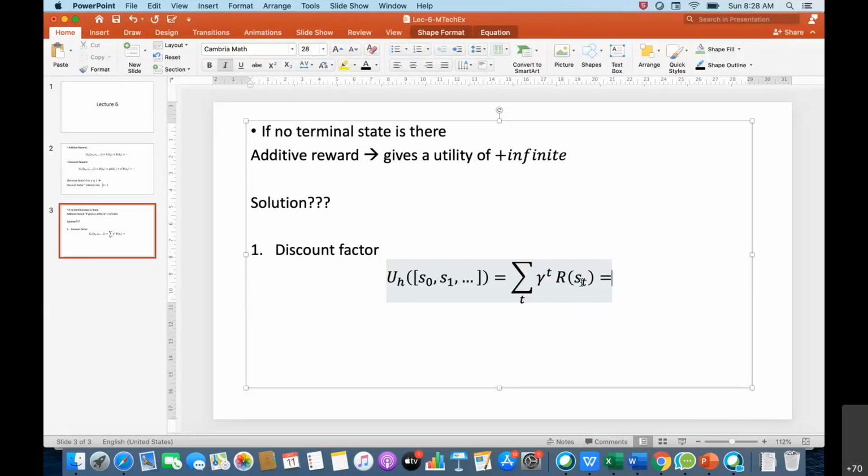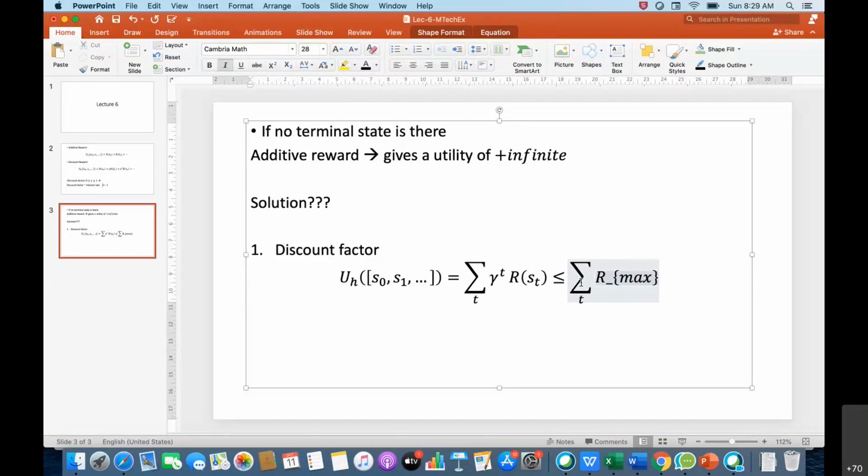Now, as we know, this should definitely be less than or equal to the summation over t of gamma to the power t into R max, where R max is the maximum reward value among all the given R(s_t).